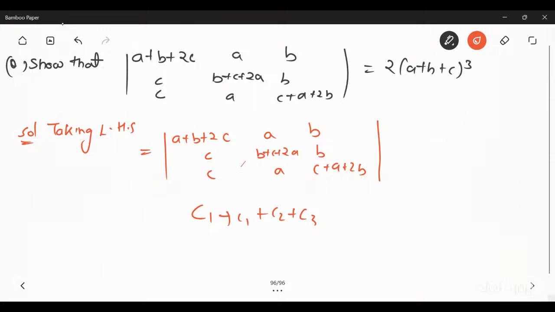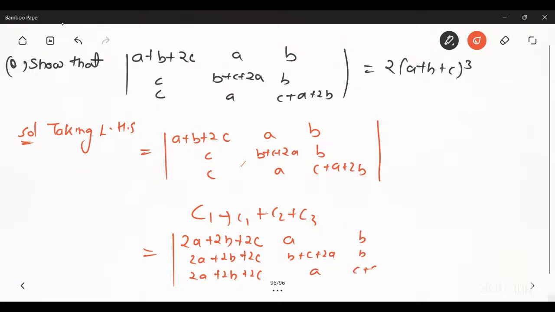In the third one, c plus c will become 2c, a plus a will become 2a, and 2b will be there. So you will get 2a plus 2b plus 2c here also, in each entry of column 1.